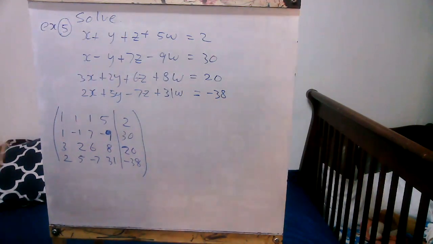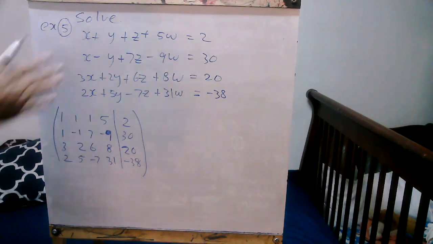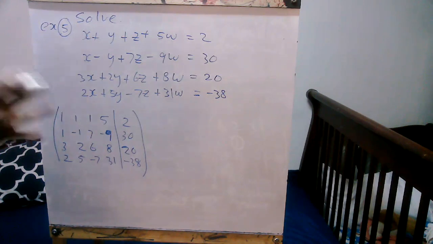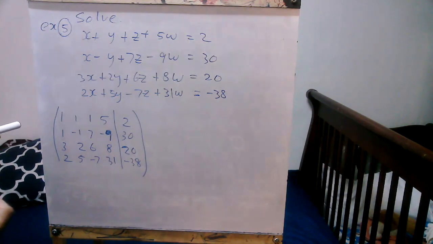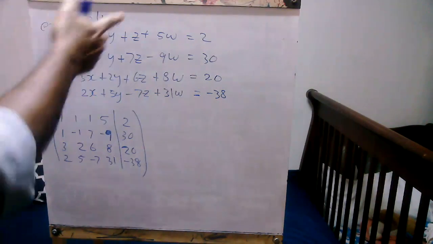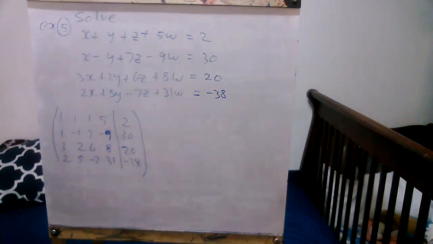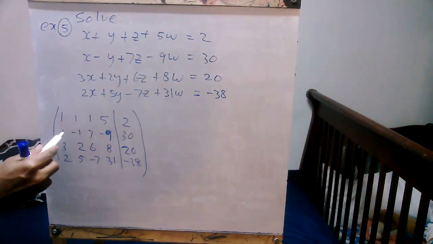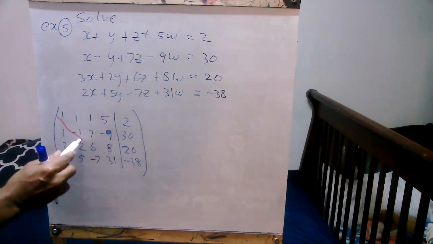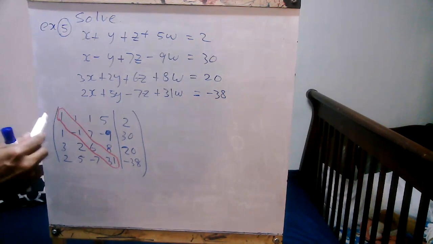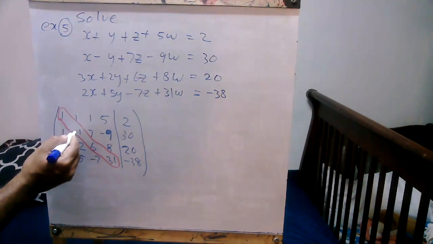Right, once you see a question with maybe 4 equations with 4 unknowns, maybe 5 or 6, don't just say, oh my god, no. First do whatever you can do, then think. Now we can write the augmented matrix. After that we look at the diagonal. This is the diagonal. We have negative 1 here.